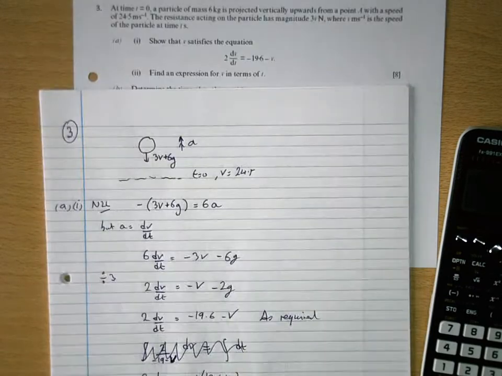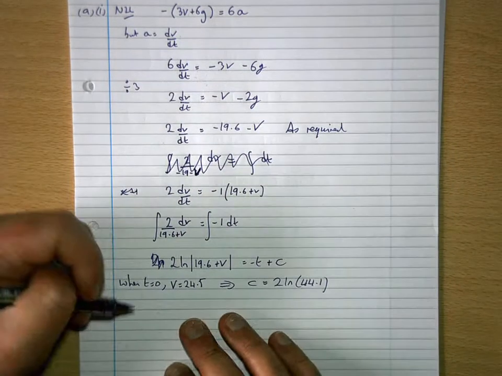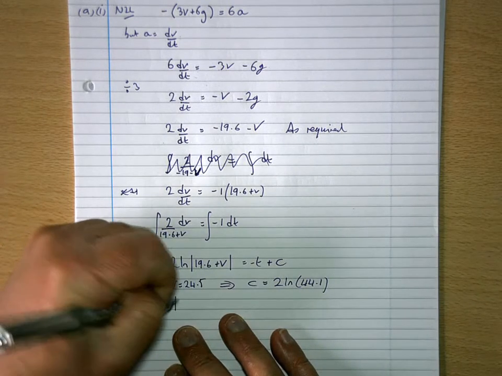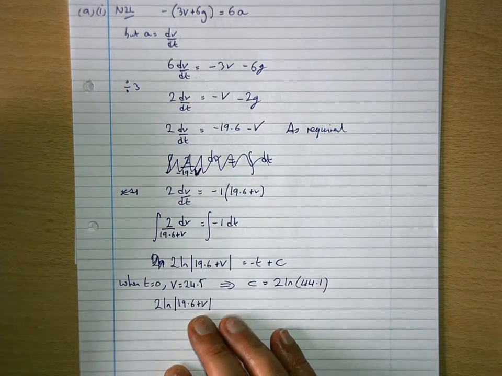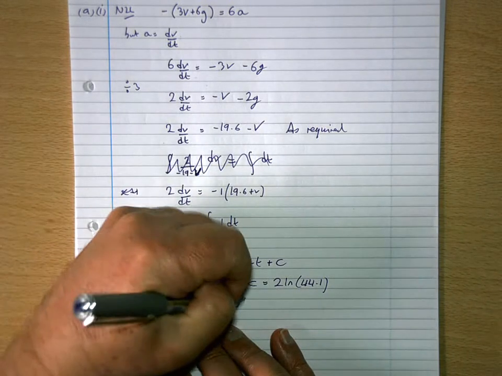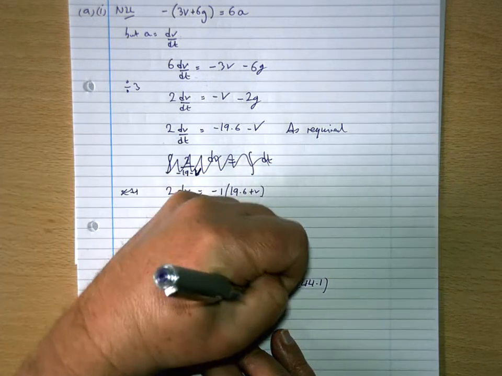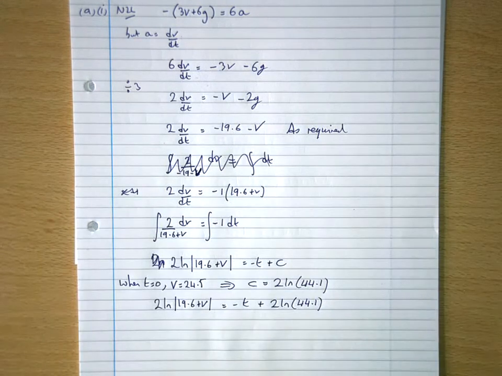So what am I trying to get? V in terms of t. So I'm looking for V equals. So now I'm going to have 2 natural log (19.6 plus V) equals minus t plus 2 natural log 44.1.